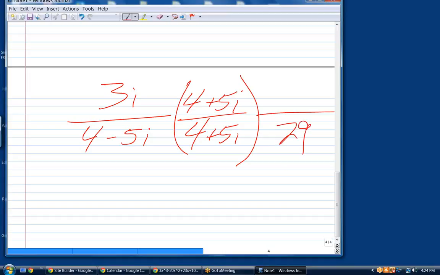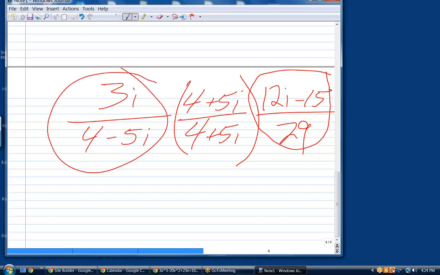We've made it real. Now the top still has imaginary numbers in it, but that's fine. That becomes 12i plus 15i squared, which is minus 15. So that would be the answer if that were the problem.